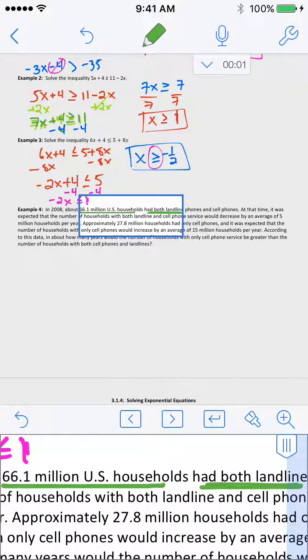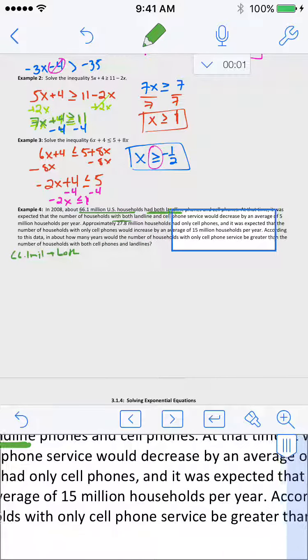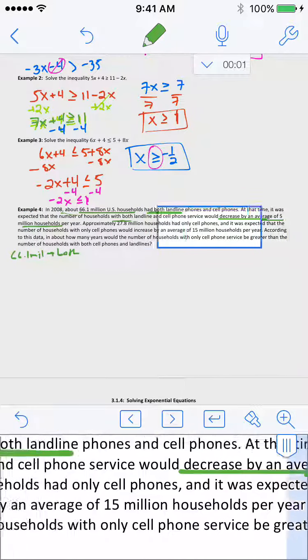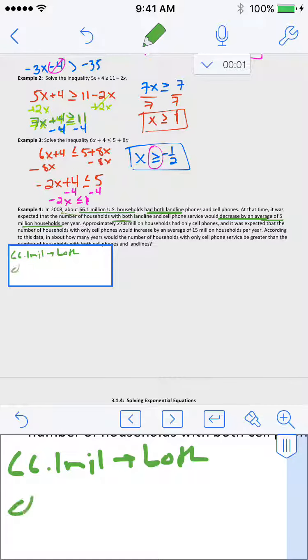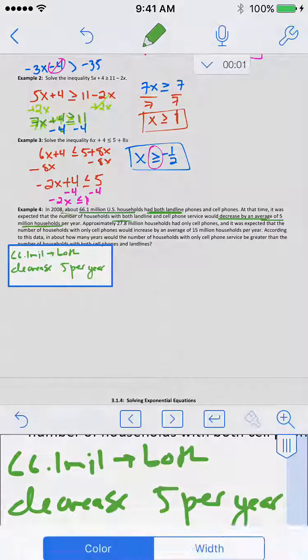At that time, it was expected that the number of households with both would decrease by an average of 5 million per year. Interesting. So that number would decrease 5 per year. Alright, so it looks like that's the information about both.